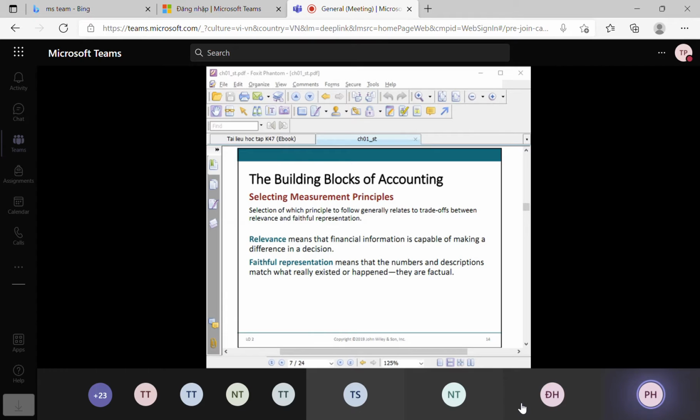If your major is accounting, this course is more important than for other majors of students at UEH, because it's the foundation and background knowledge for the next courses you will study, for example financial accounting, management accounting, and information systems.